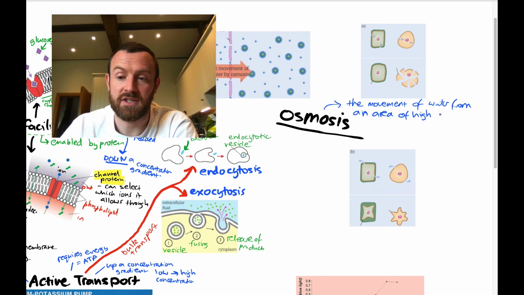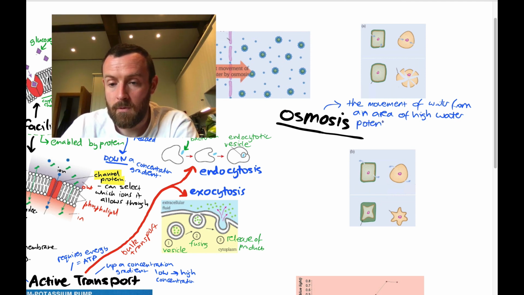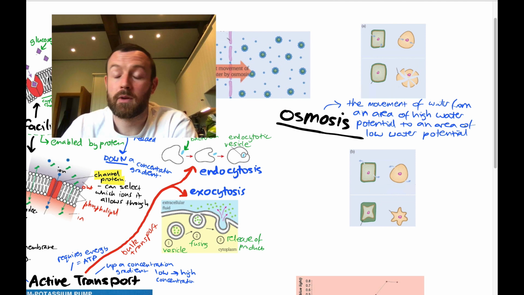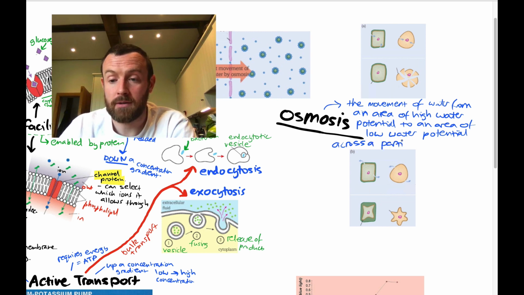This is slightly different than GCSE. An area of high water potential to an area of low water potential across a partially permeable membrane.